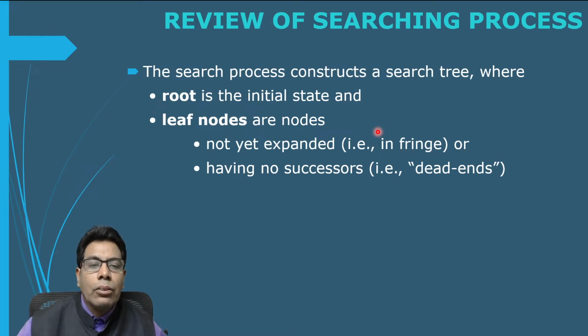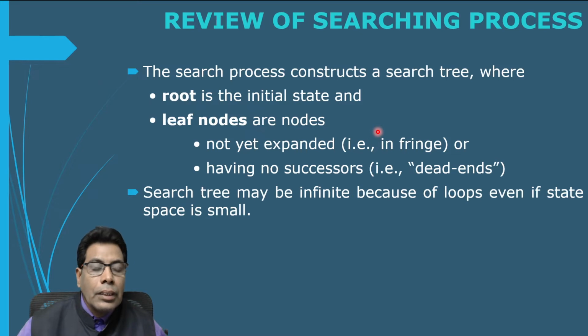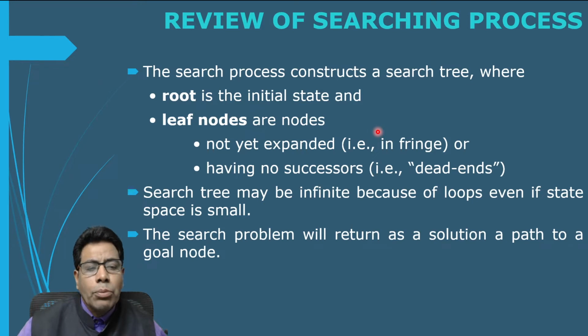The search tree may be infinite because of loops, even if the state space is small. Even if the state space is small, the search tree can become infinite because of the loops present in the tree. So this is the general searching process.